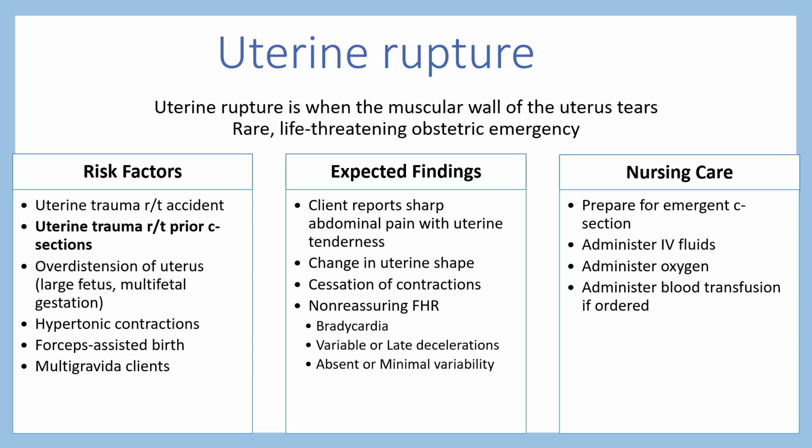A uterine rupture is an emergency and requires a cesarean section. Nursing care involves preparing the client for a C-section by administering IV fluids and oxygen, as well as administering a blood transfusion due to the large amount of blood loss.